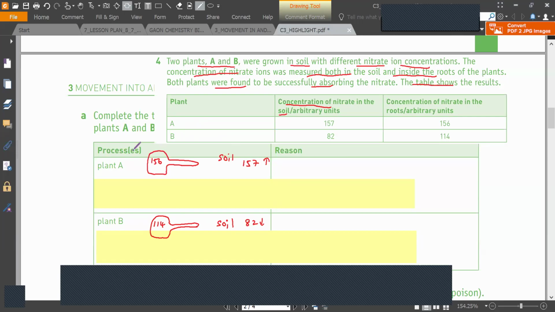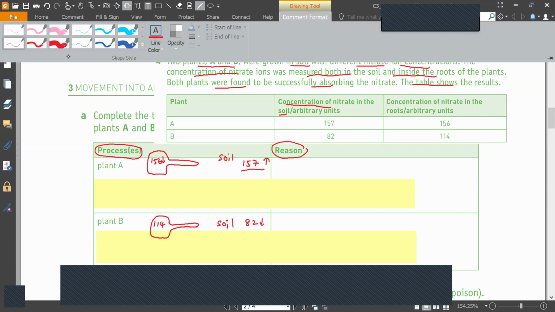Now we need to look at plant A: what process will happen, and why. You can also think about what you think will happen. If we compare inside and outside, outside is 157, inside is 156, so inside is lower.